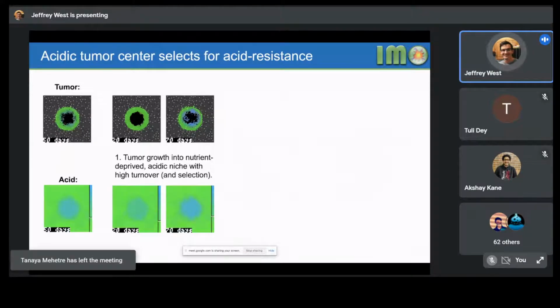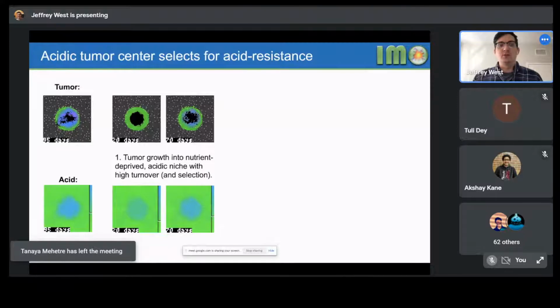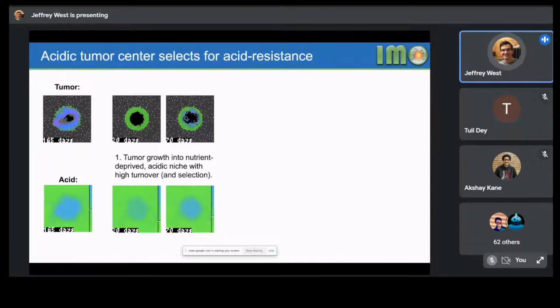Again, this is very reminiscent of ductal carcinoma in situ, where growing into that empty space in the duct represents growing into a very harsh acidic condition. So you can see that the acid in the center of the tumor is very, very high in blue. It's a very acidic core.